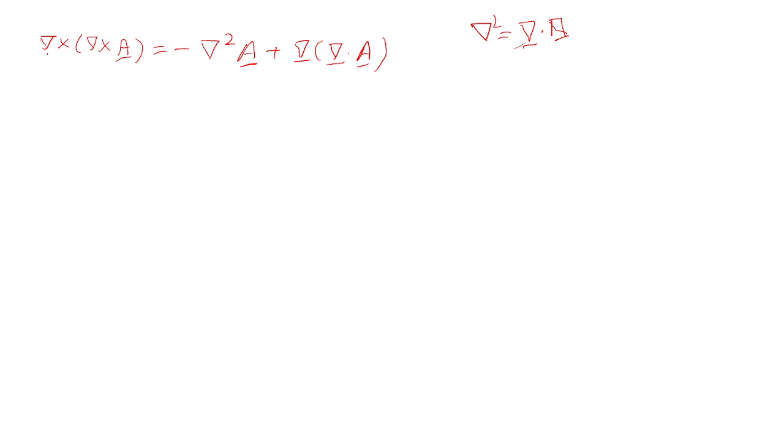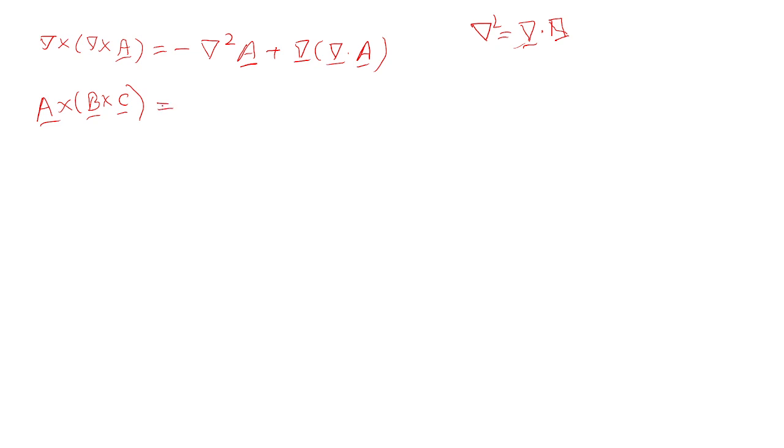So if, instead of curl of A, I put 3 vectors over here, let's say A cross B cross C. There are 3 vectors.